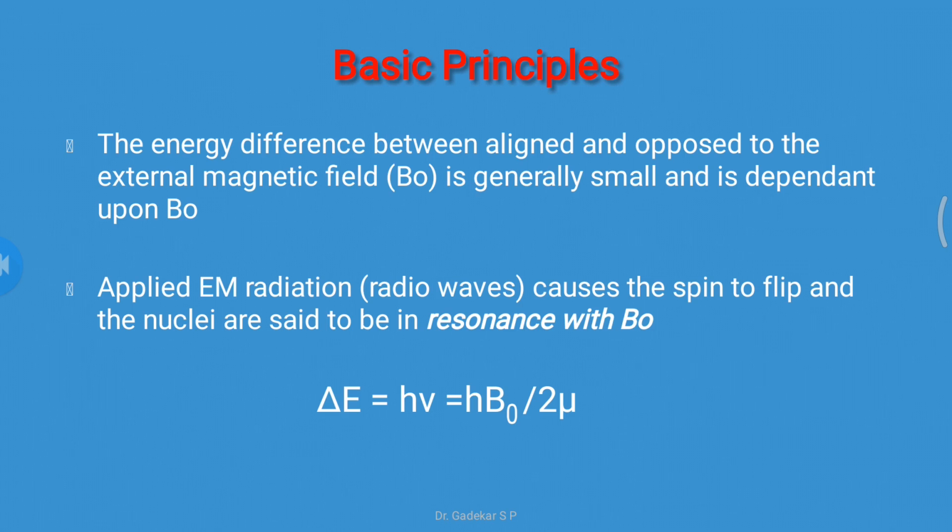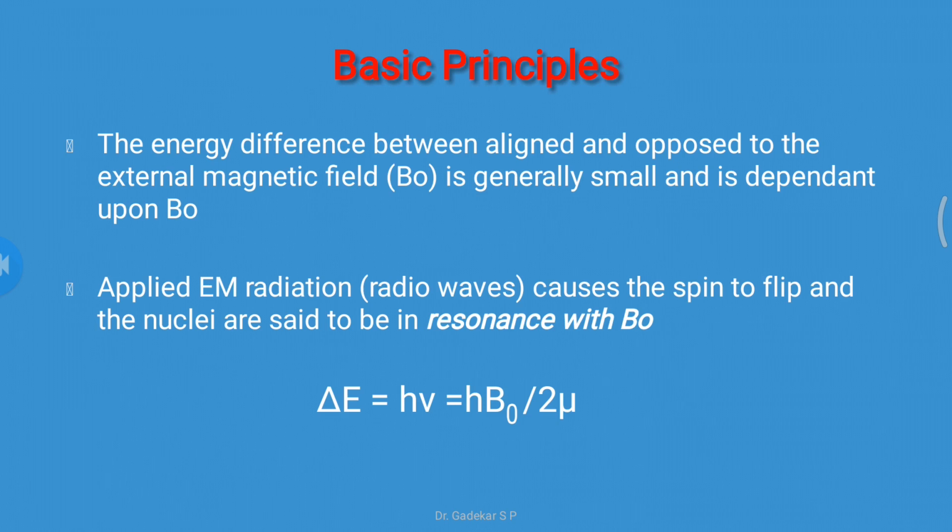The energy difference between spins aligned and opposed to the external magnetic field B0 is generally small, and it depends upon the applied magnetic field.